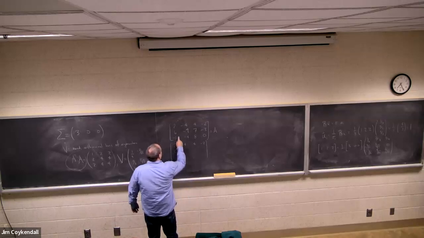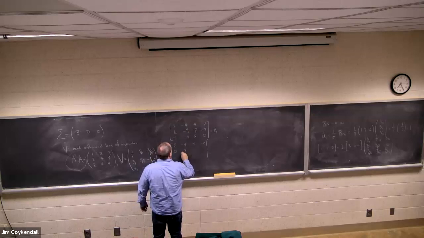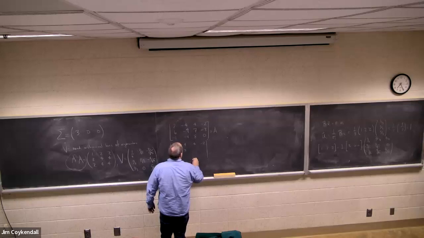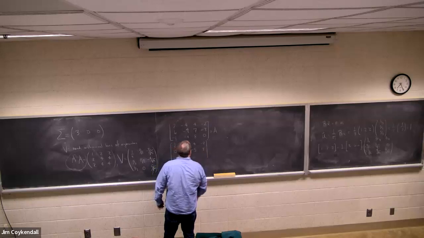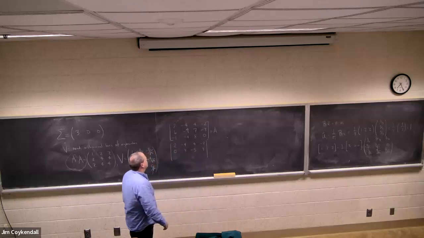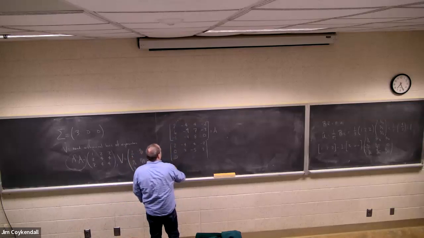This is going to be 0, -3, and add 3. It's going to be -5, 23, like that. That looks right. Multiply by 1/2 and add 0.